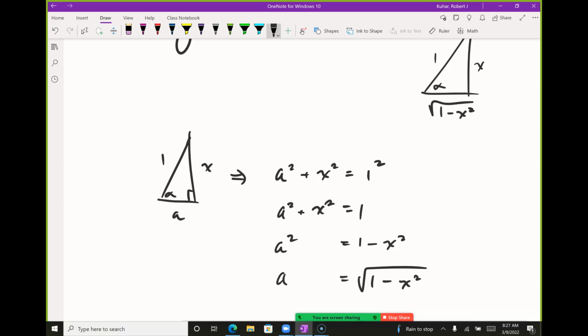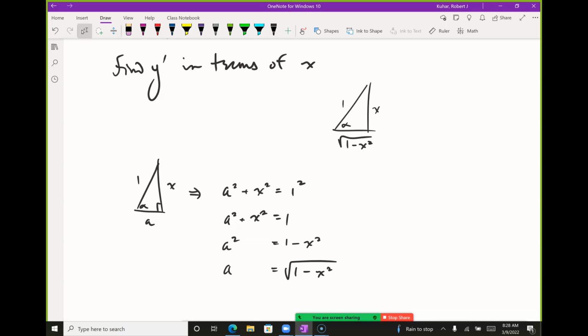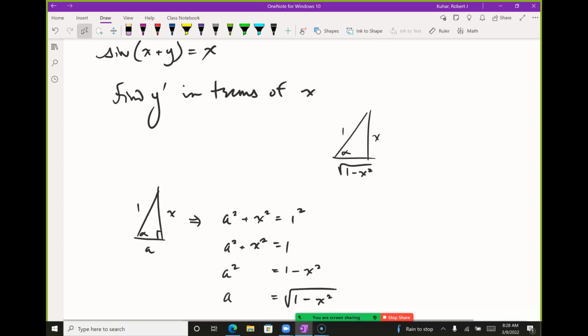So I'm really pretending I'm always in quadrant 1 in this case. It's a little abstract to think about, but if I'm building a triangle, I want positive sides of the triangle, right? That should make sense. So I don't care about the negative square root. Does that make sense what I'm saying here?